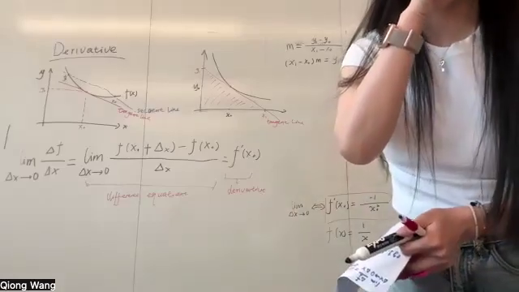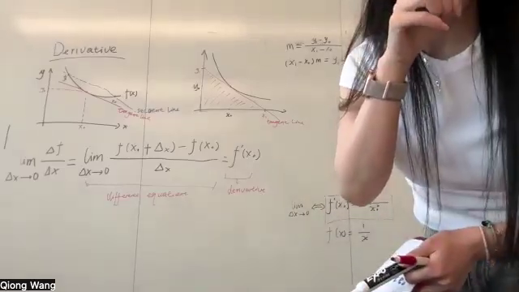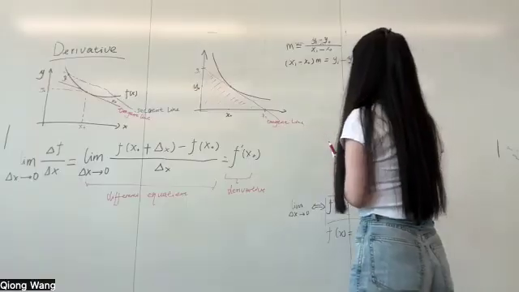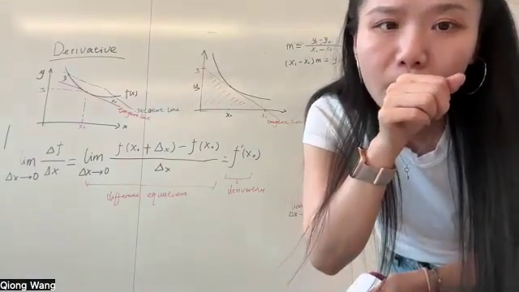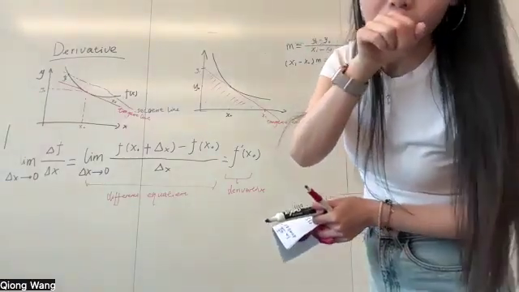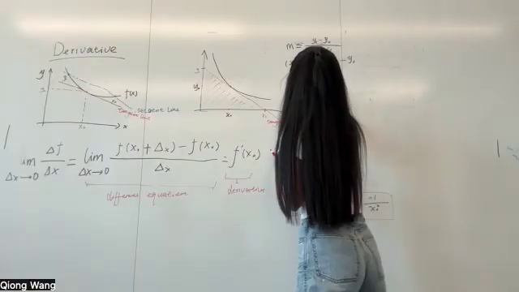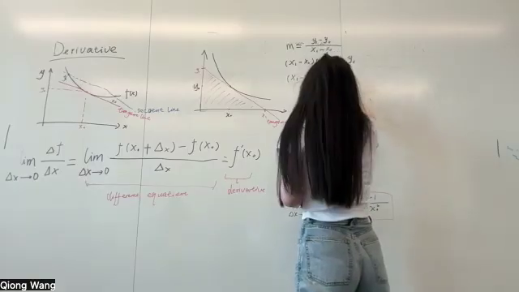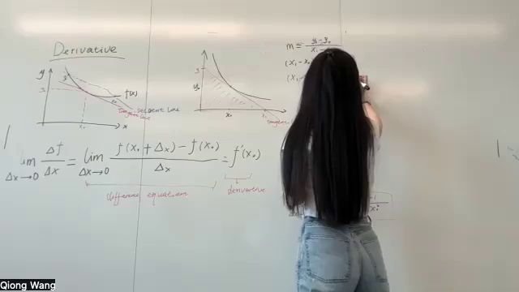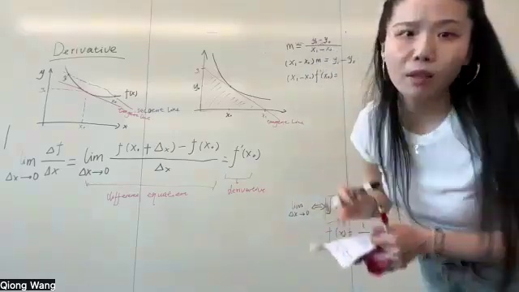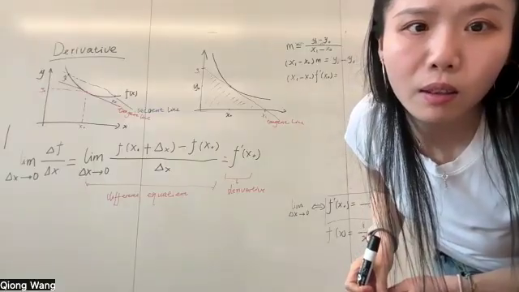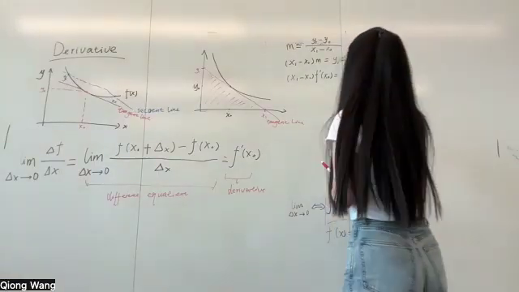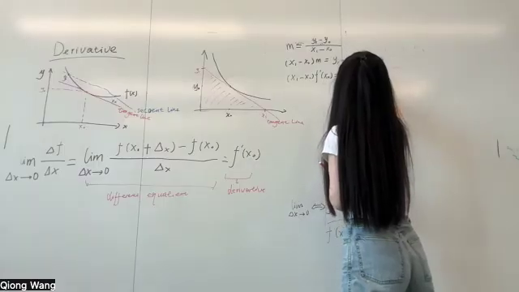So the equation will become like this: f prime x0 equals y1 minus y0.